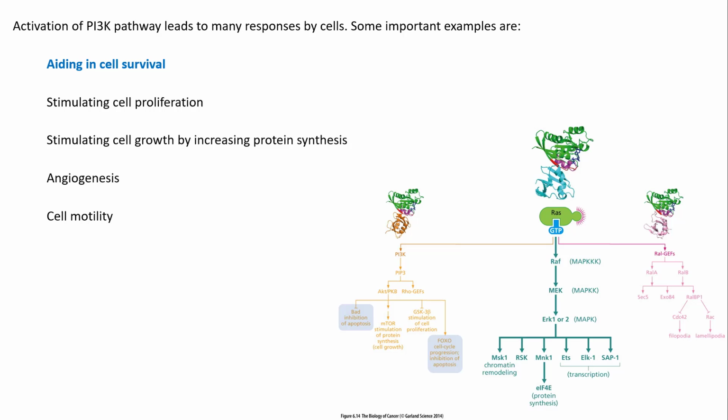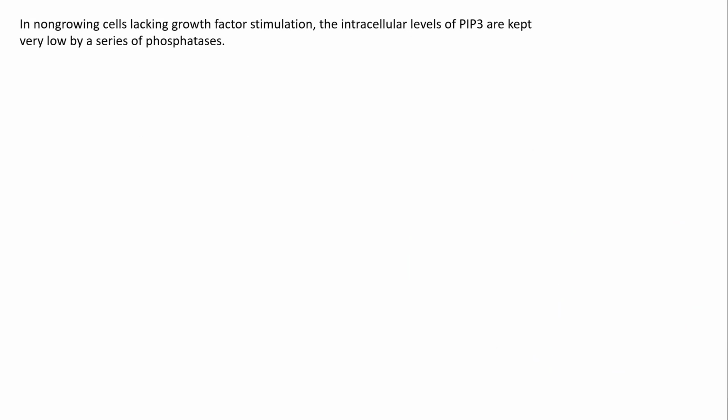Activation of the PI3 kinase pathway leads to many responses by cells. Some important examples are aiding in cell survival, stimulating cell proliferation, stimulating cell growth by increasing protein synthesis, angiogenesis, and cell motility. In non-growing cells lacking growth factor stimulation, the intracellular levels of PIP3 are kept very low by a series of phosphatases.